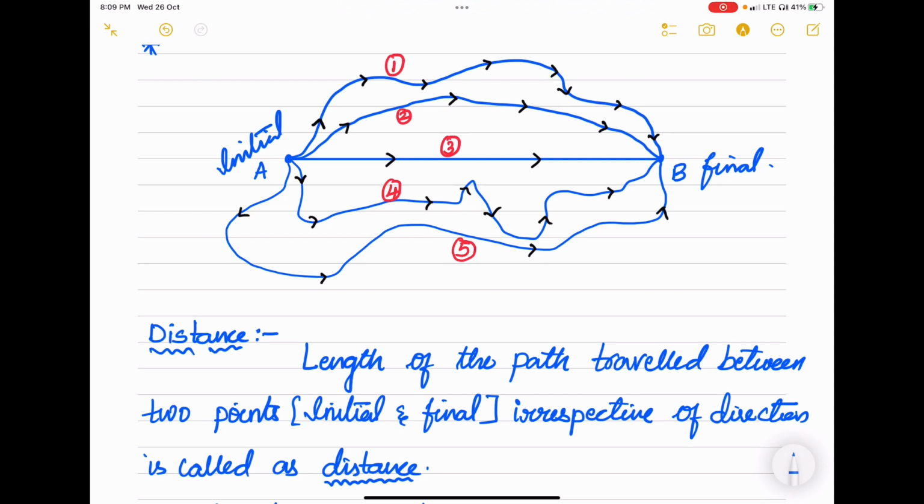So straight away the distance between initial and final points in a particular direction is called as displacement.